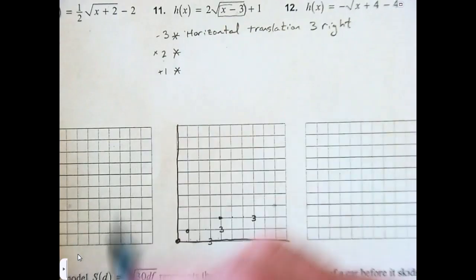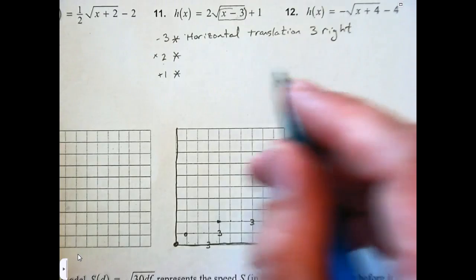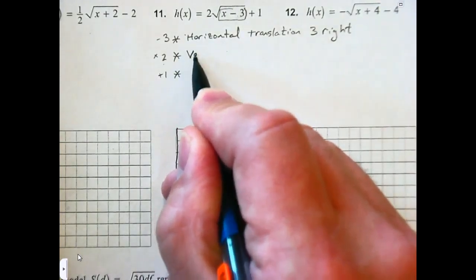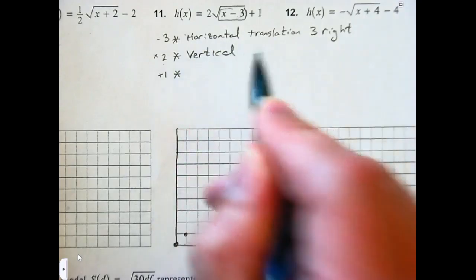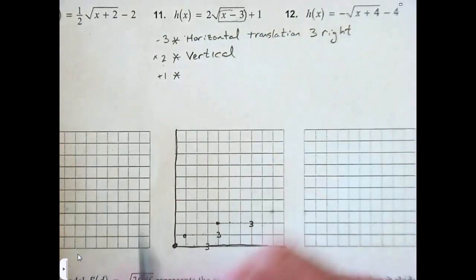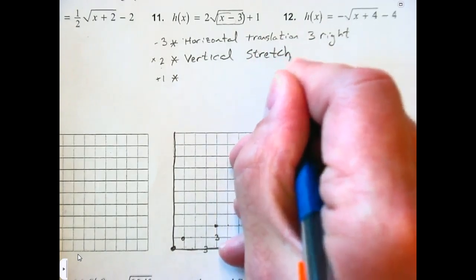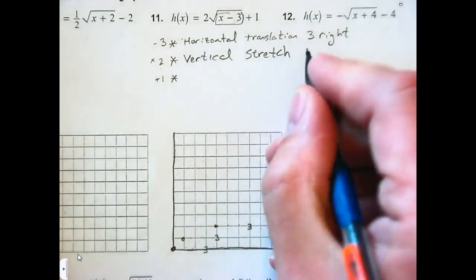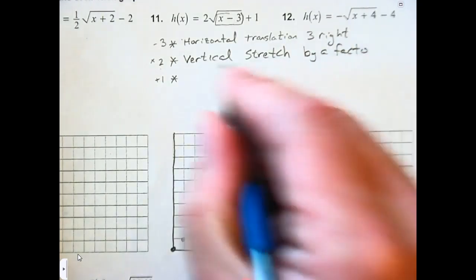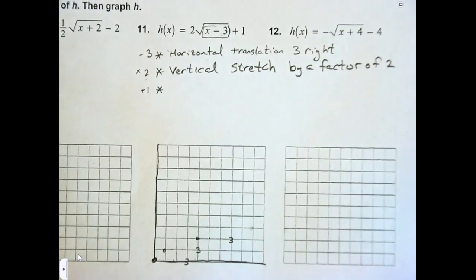What's the 2 do? Is it a stretch, shrink? Well, first, vertical or horizontal? Vertical, it's outside. That means it's not with the X. Is it a stretch, shrink, translation, or reflection? It's a stretch. And we're stretching by a factor of 2.